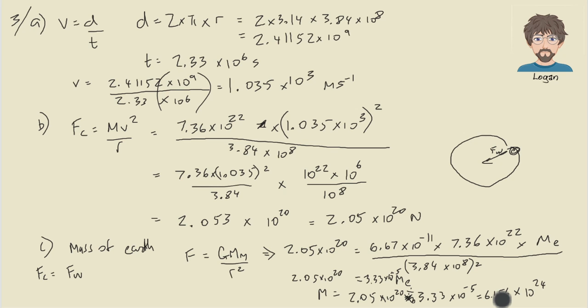It's still not quite on the money. I wonder if I just did a few things wrong, like some subtle arithmetic. But let's just see what they put in their answer book. 6.17 times 10 to 24. So I suspect that something's gone astray in my roundings, maybe compared to that. But otherwise, it's close enough to the answer in the book for me.